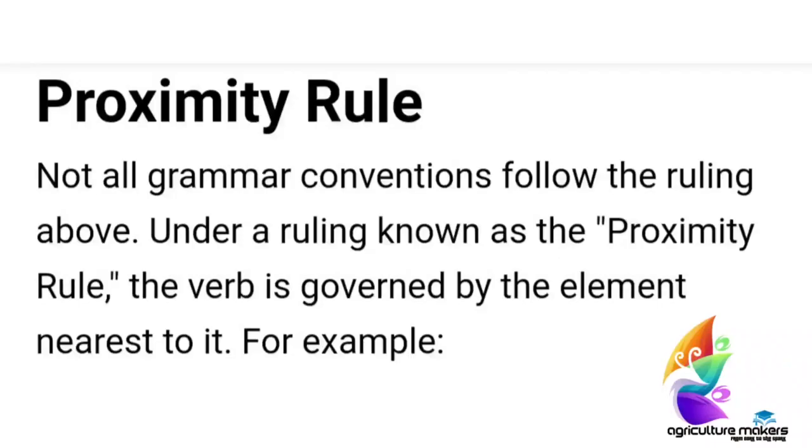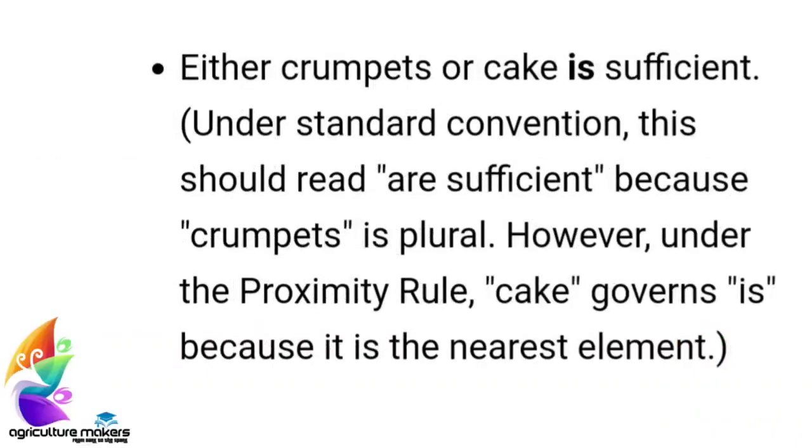It is the proximity rule. Not all grammar conventions follow the ruling above. Under a ruling known as the proximity rule, the verb is governed by the element nearest to it. We can see an example for it. Either crumpets or cake is sufficient. But as we studied before, if any one of the elements is plural, we have to use a plural verb.